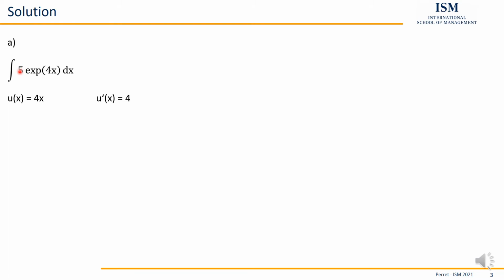As we have a 5 here and not a 4, what we can do is, first off, we pull the 5 in front, the 5 which we don't need in front, and then we expand with an artificial 1, meaning we actually expand by 4 divided by 4. That's the 4 we actually need at this point.